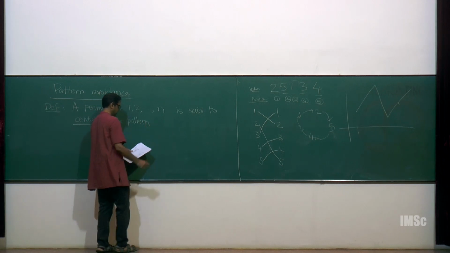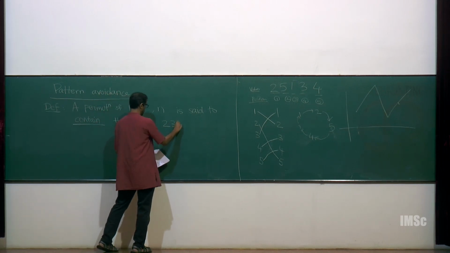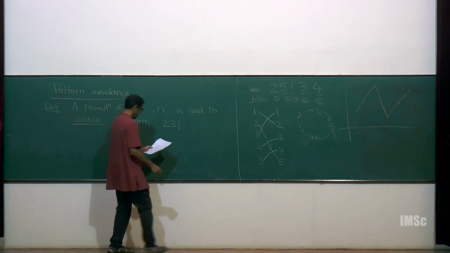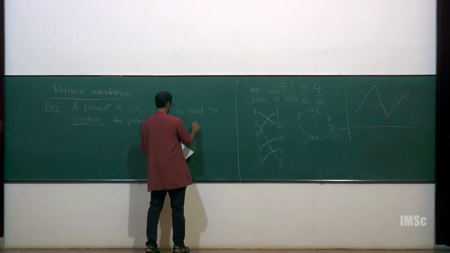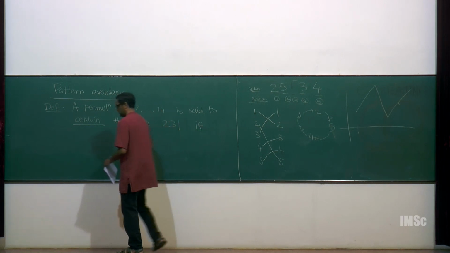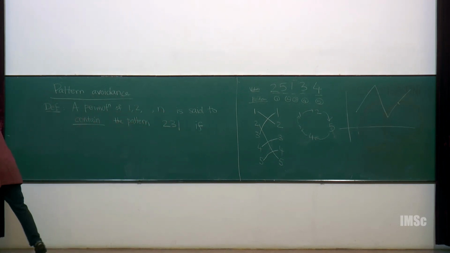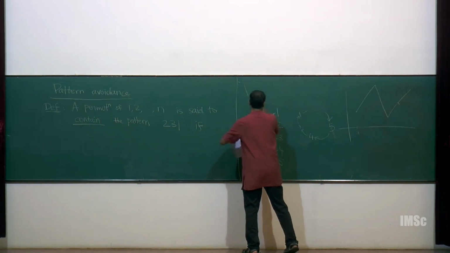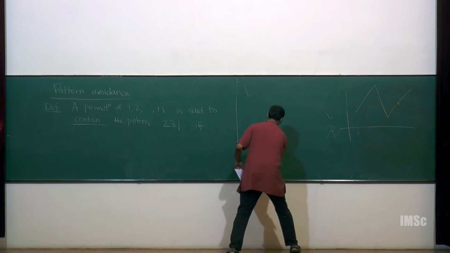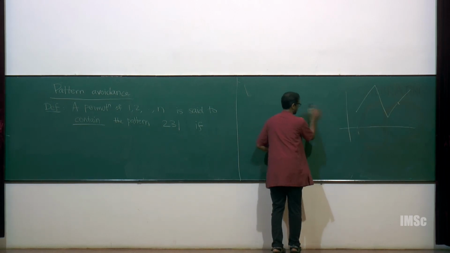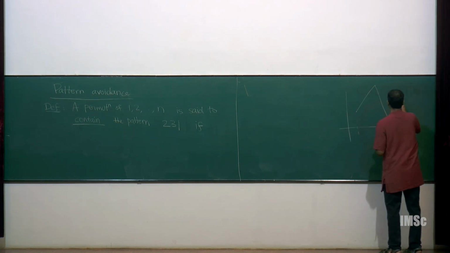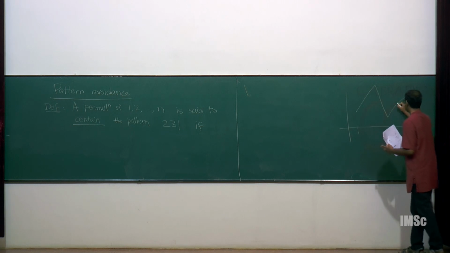And I'll take a very special pattern. It's called the pattern 2, 3, 1. So I say that a permutation contains the pattern 2, 3, 1 if something happens, and for this really this picture of permutations is probably what's best.